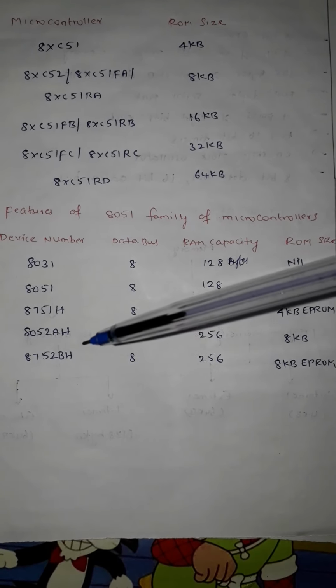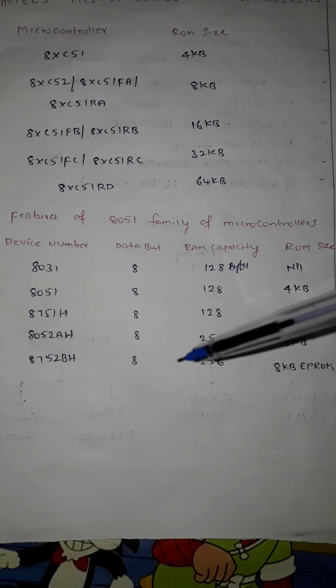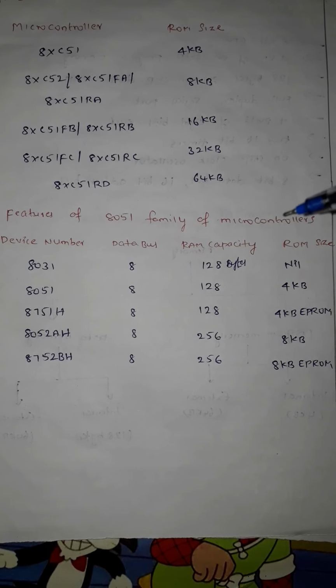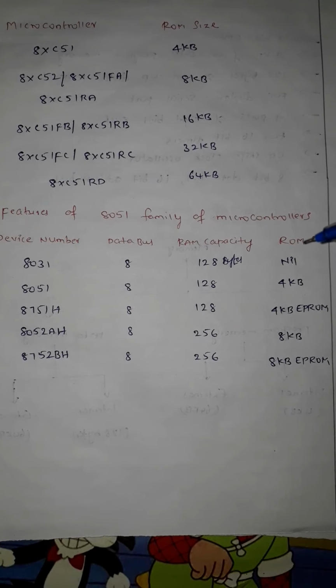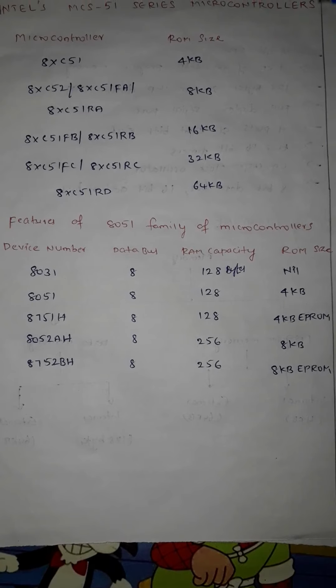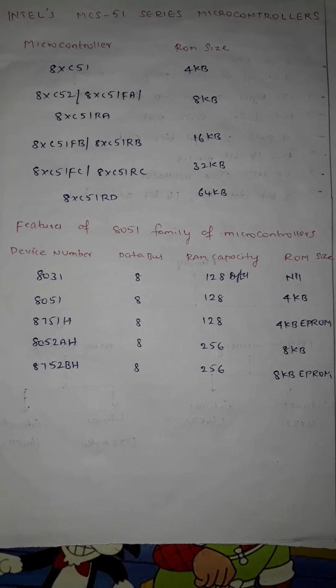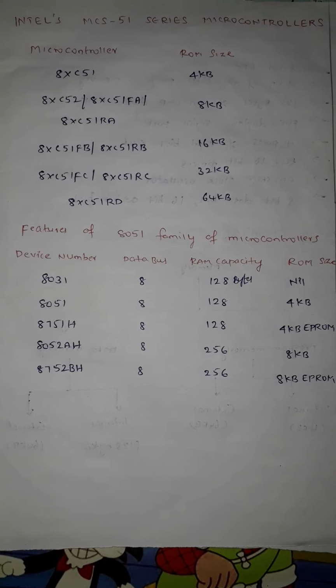Likewise for 8751H, 8052AH and 8752BH, different device numbers, RAM capacities and ROM sizes are shown here. This is about the Intel MCS 51 series microcontrollers.